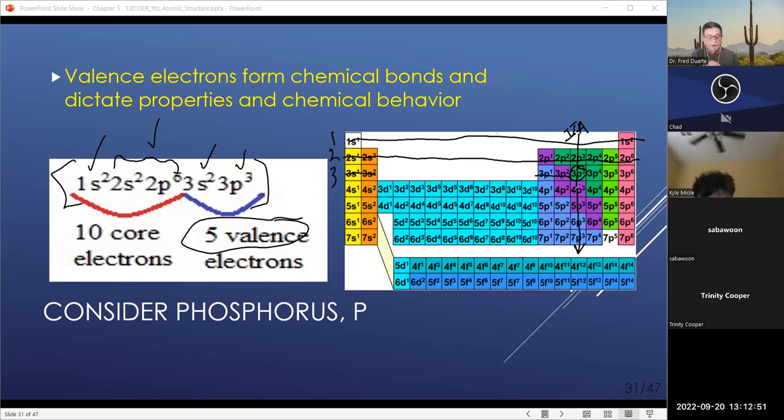Below phosphorus is arsenic. Its 5 valence electrons are in the 4th energy level, whereas the 5 valence electrons for phosphorus are in the 3rd energy level. Above phosphorus is nitrogen.